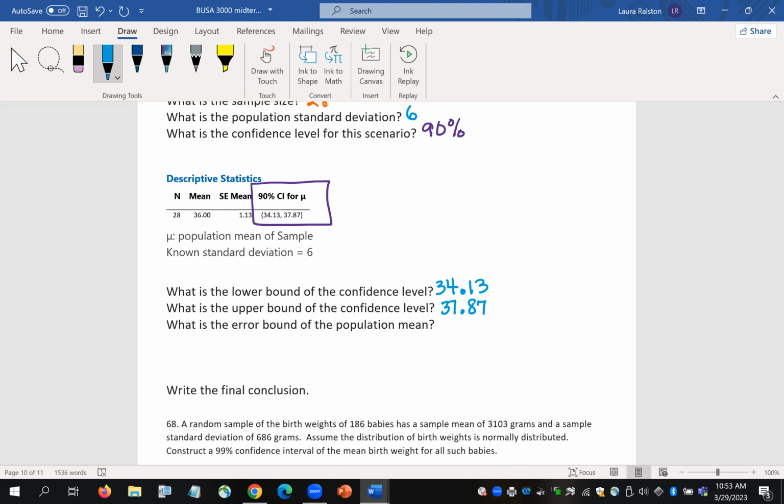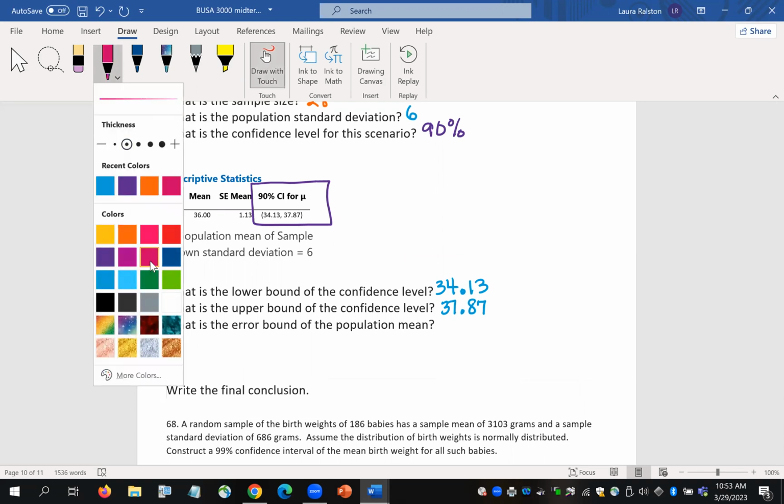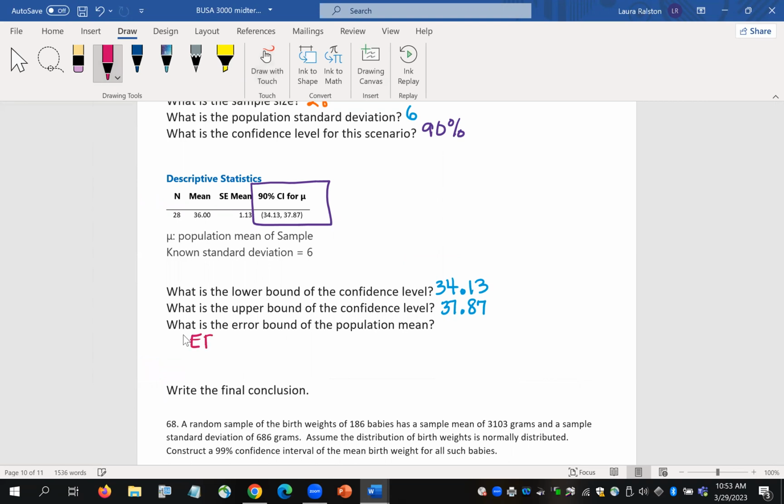And that's when the formula comes in. You need the error bound for the mean, which is the upper bound minus the lower bound divided by 2. So I would have 37.87 minus 34.13, all divided by 2.